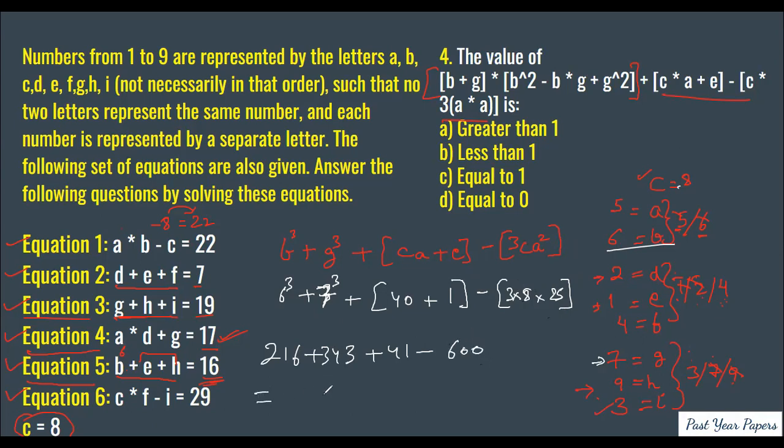If I solve this further, this will add up to 600 minus 600, which will give me 0, which is my answer. Is there any option like this? Yes, D option. Again, we just have to substitute the value and the answer will be there.